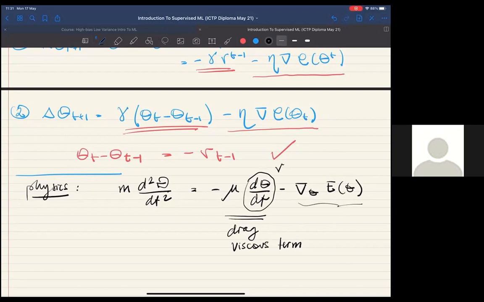We have the gradient of energy potential. So this is a force, a conservative force, which derives from the gradient of potential energy.